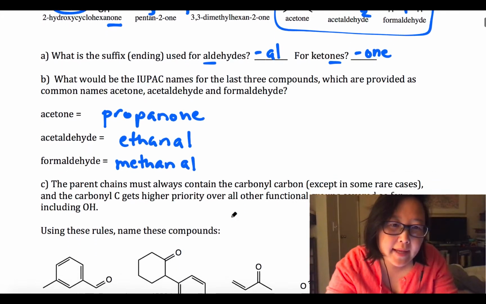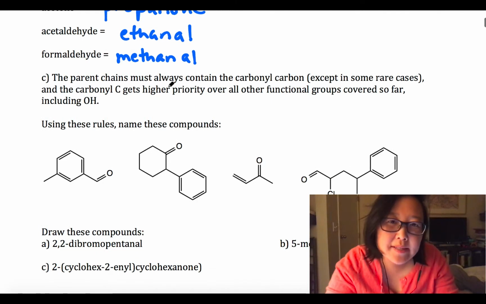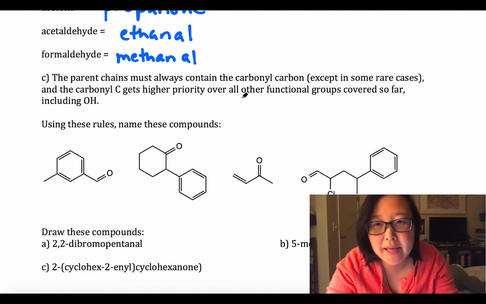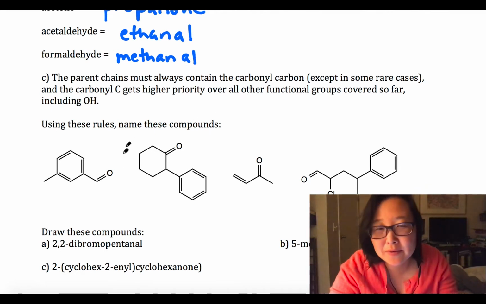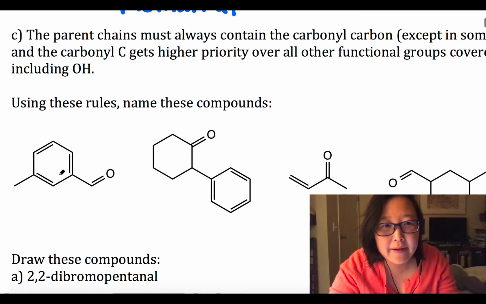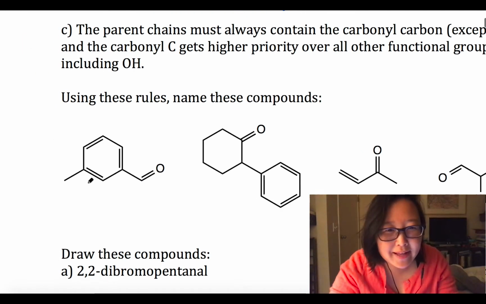All right. The parent chain always needs to contain the carbonyl carbon, usually anyway, and the carbonyl carbon has the highest oxidation, so it's usually our priority group. So what that means is I want it to be my lowest possible number. Now, I threw in a little bit of a curveball here because, if this is your parent chain, then you have to name this as a substituent.